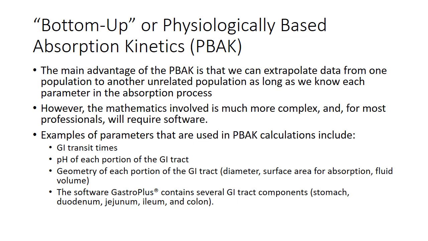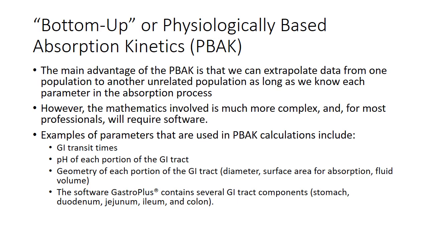And in the software that I briefly mentioned that I now have access to, and any one of you can have access if you're interested, called GastroPlus, that allows you to change the geometry of someone's intestines, in this hypothetical population of patients, and see how that affects absorption. So that'd be an example of physiologically based pharmacokinetic modeling. Okay, and that's what I just mentioned, the last bullet there.